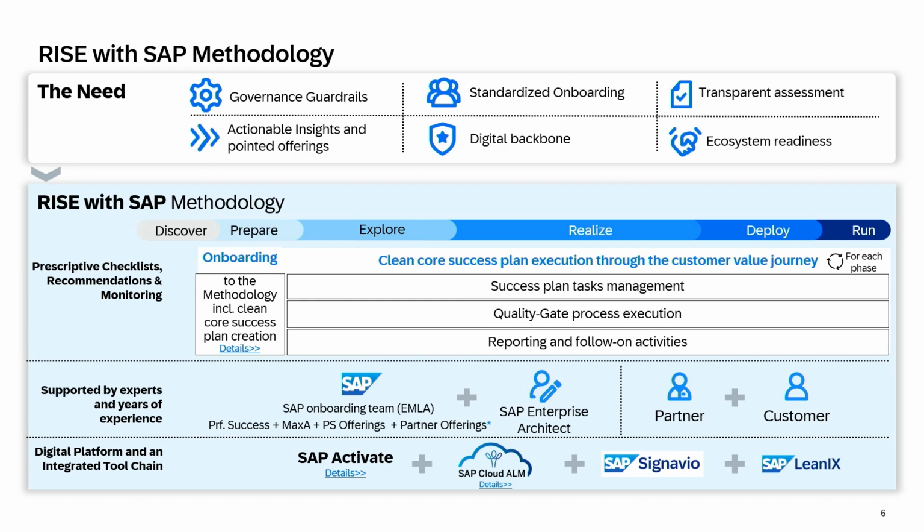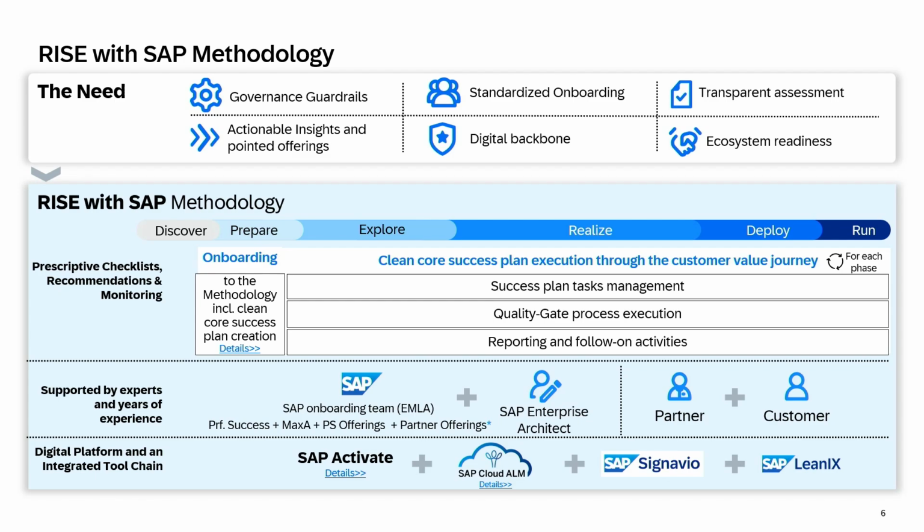So as part of the content, you get the roadmap, the Clean Core Success Plan. You get quality gates embedded in these roadmaps, together with the accelerator, which is the questionnaire. And on top of this, they also offer, as part of the methodology, for every completed Q gate, an assessment service delivered from SAP.